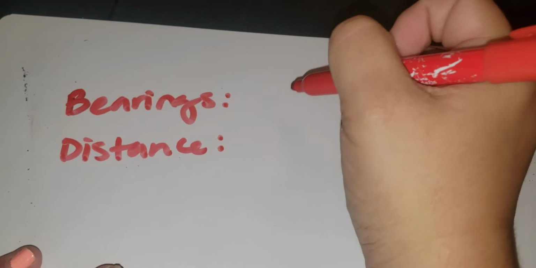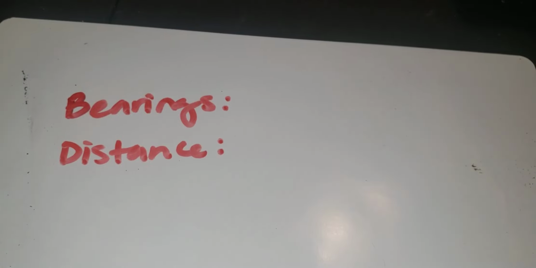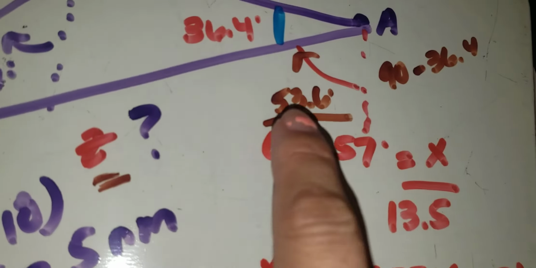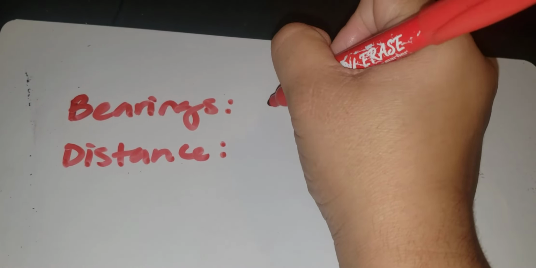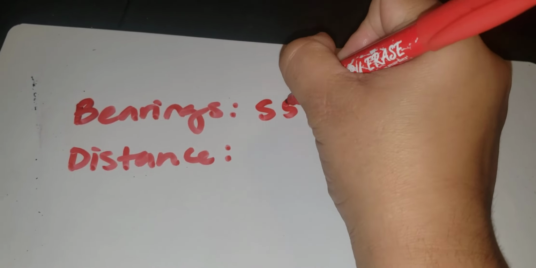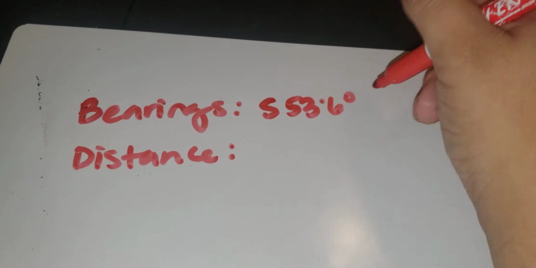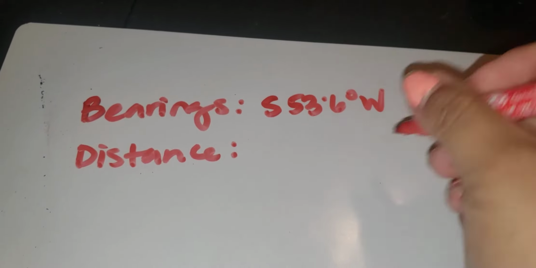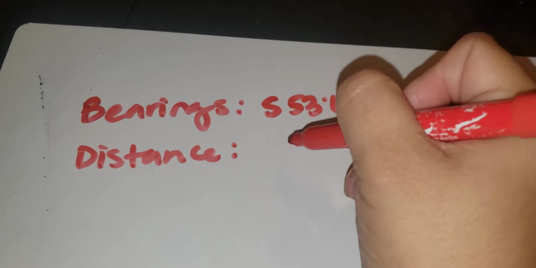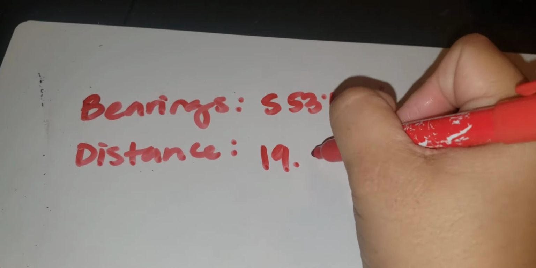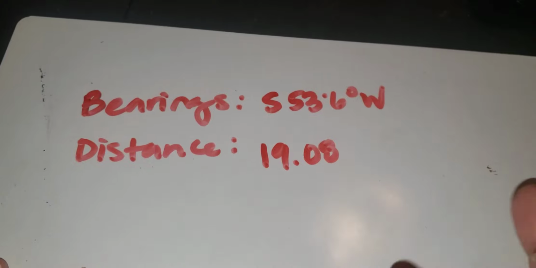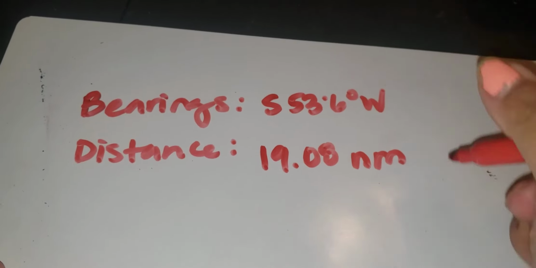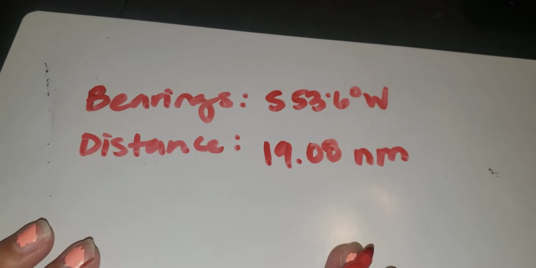So it was south 53.6 degrees west, and then our distance was 19.08. Again, I rounded it to 2 decimals. You can round it to 1 nautical mile. So this is our final solution.